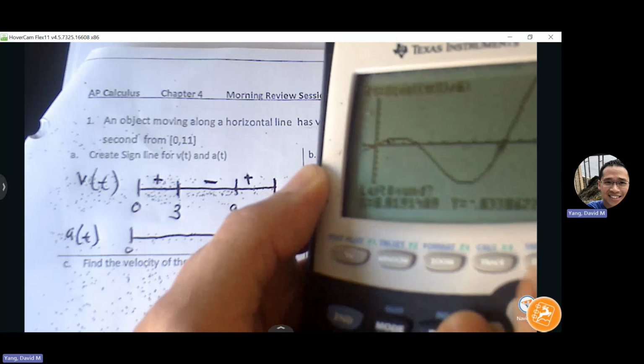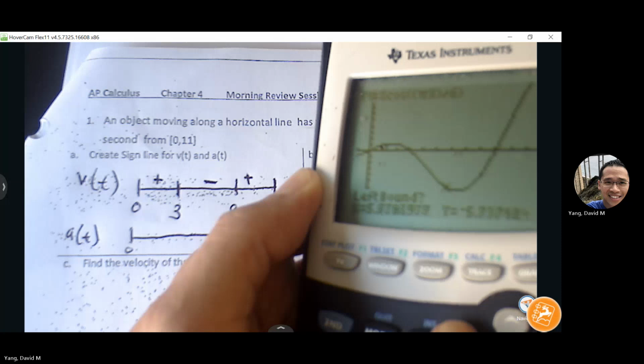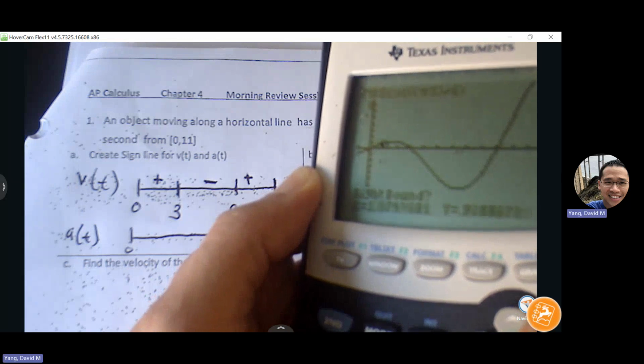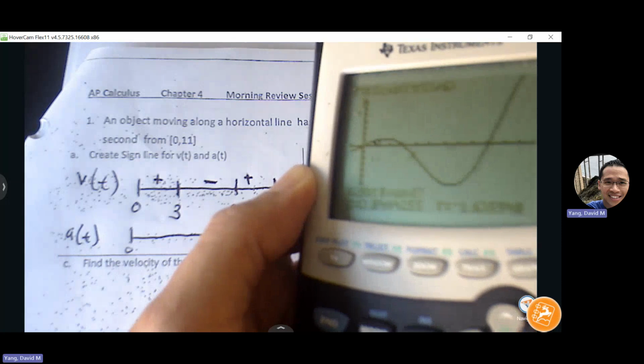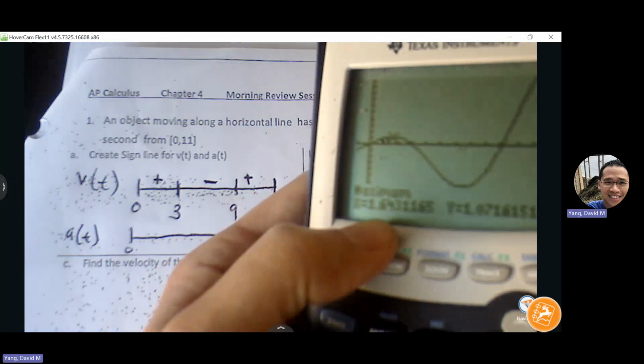So I'm going to pick a point to the left of that hill. Hit enter. And then pick a point to the right of the hill. Hit enter. Hit enter a third time. 1.643.